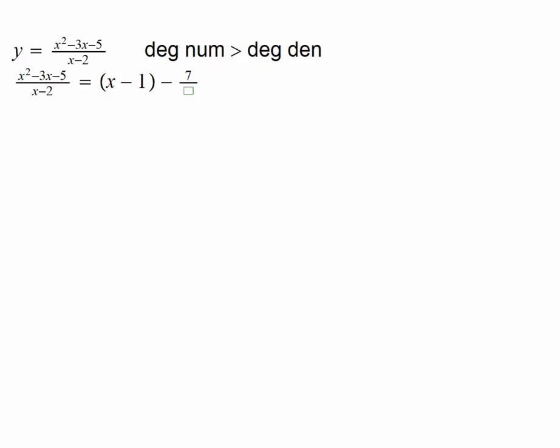So if we write it in the quotient remainder form, the form is like this, right? So now what will happen here? First of all, you see this here, that x minus 2 is a factor of the denominator and not a factor of the numerator. So what we have is that x equals 2 is going to create a vertical asymptote for us.